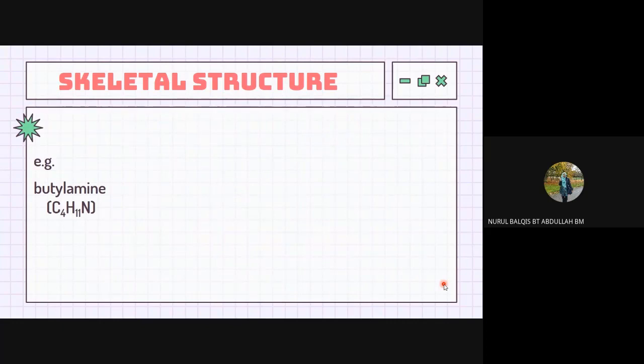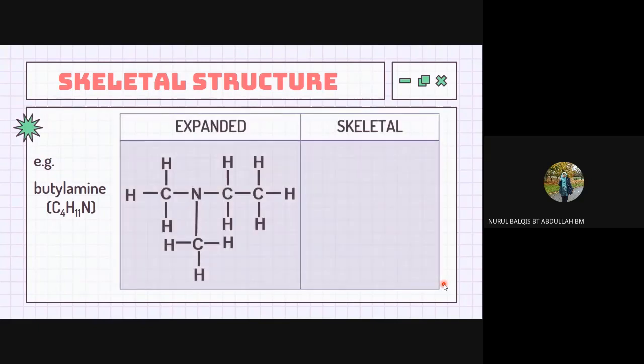Okay. Next, we have butylamine. Okay, ini adalah another example where you have heteroatoms in between your carbon skeleton. Okay, in between your carbon skeleton because amine adalah NH2. Dia boleh tukar jadi NHCH3, NH, NCH3, CH3. Faham tak? Dia bertukar-tukar lah. Okay, jadi nampak kat sini kita ada nitrogen in between. So, bila ada nitrogen in between, nitrogen ni kita nak show tak?